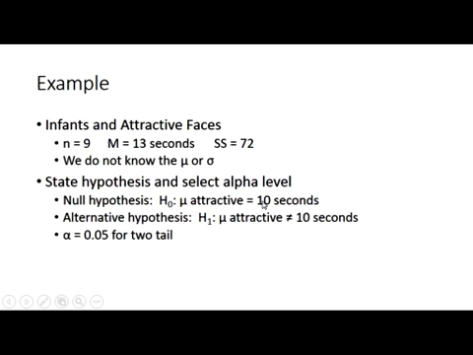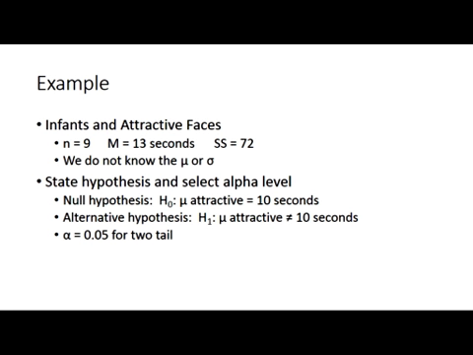So let's look at an example. Let's pretend that a group of infants, nine of them to be exact, are given an attractive faces test. This is actually a famous research study. So you have nine infants, and they're given 20 seconds to look at a series of different faces that adults had previously screened as attractive or not attractive.